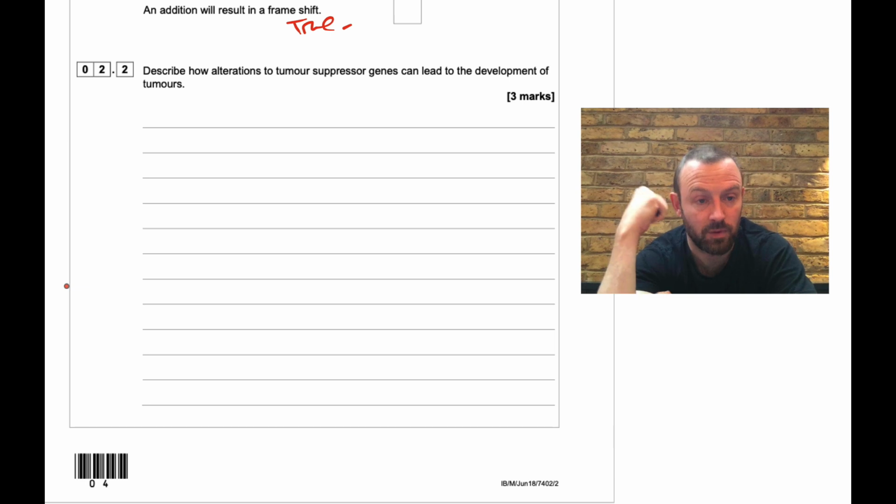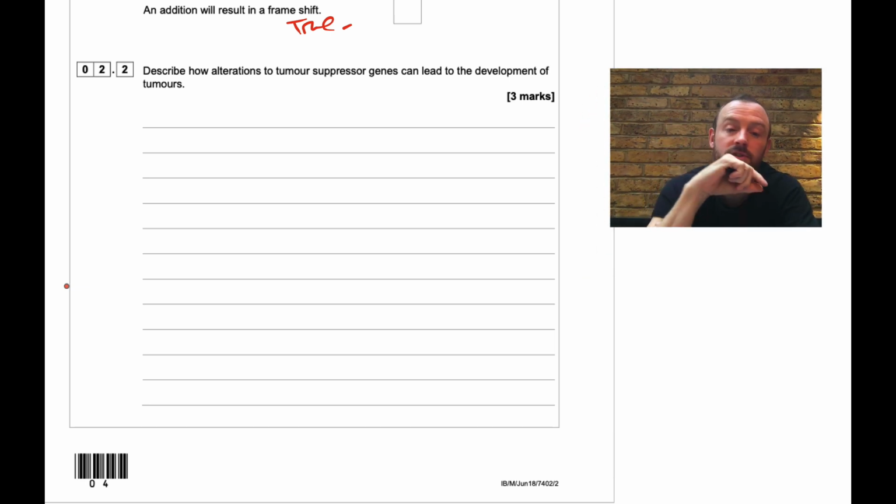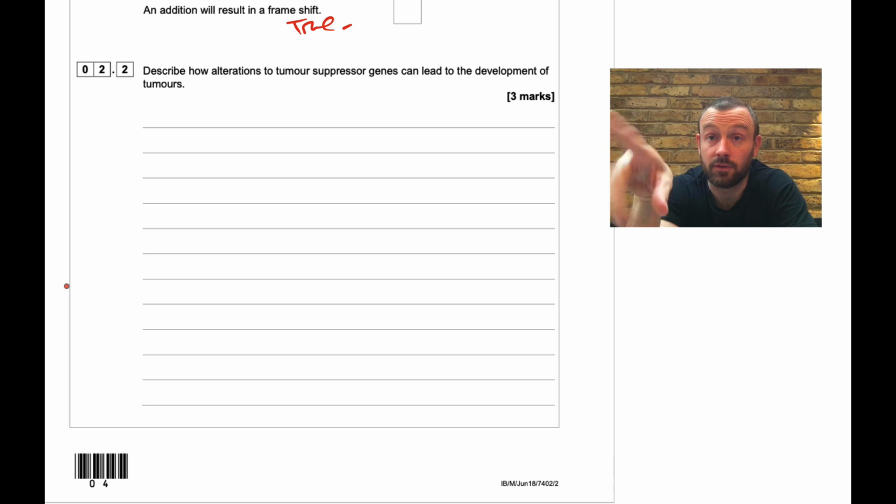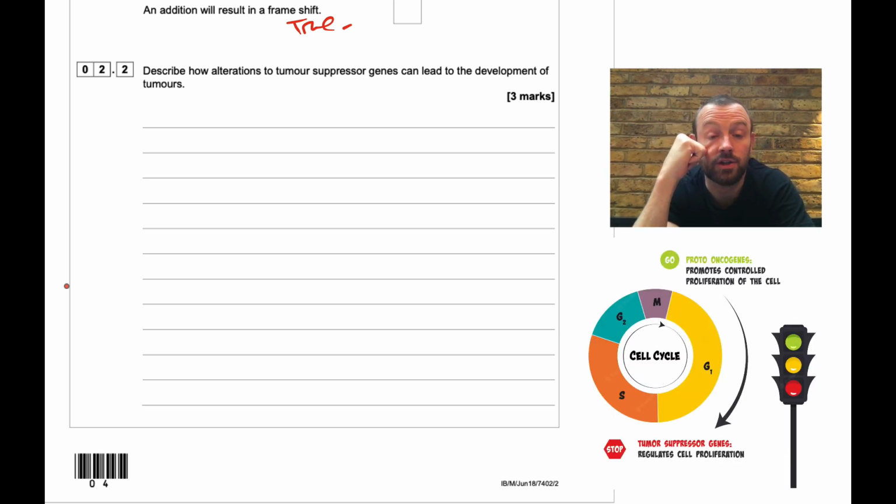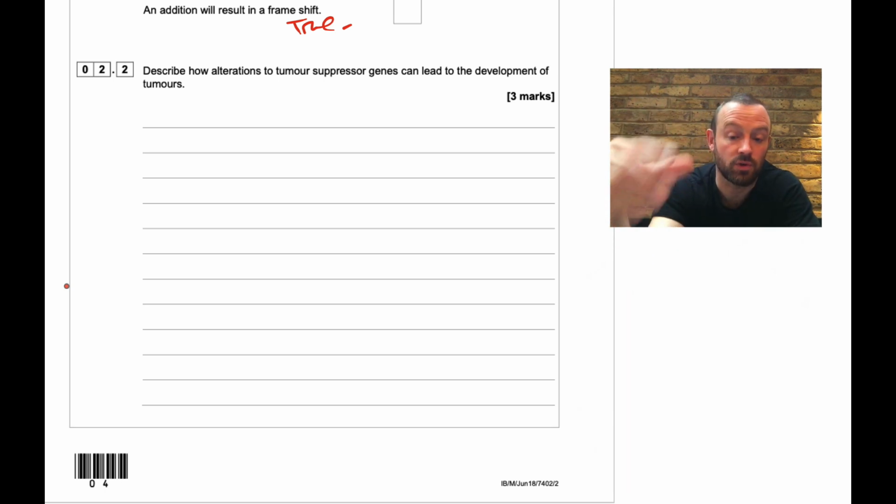Ooh, nice descriptive one here. Describe how alterations to tumor suppressor genes can lead to the development of tumors. Right, so a tumor suppressor gene is a gene that is involved in regulating the cell cycle. So if we have an alteration in a tumor suppressor gene, it might mean that the cell cycle is unregulated, that mitosis happens more frequently, or the phrase we want to use is uncontrolled cell division.